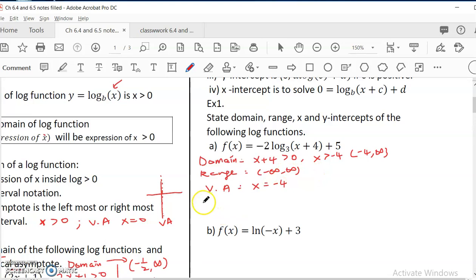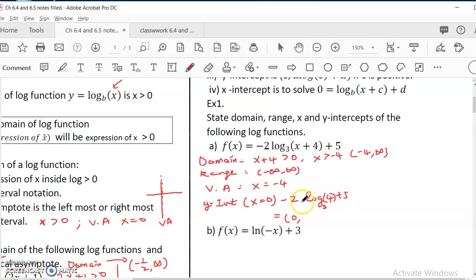What about the intercepts? Let's do the y-intercept first, which is to set x equal to 0. That means negative 2 log base 3 of 4, plus 5. Just plug it in the calculator. So it'll be 0 comma negative 2 times log of 4 over log of 3, plus 5.